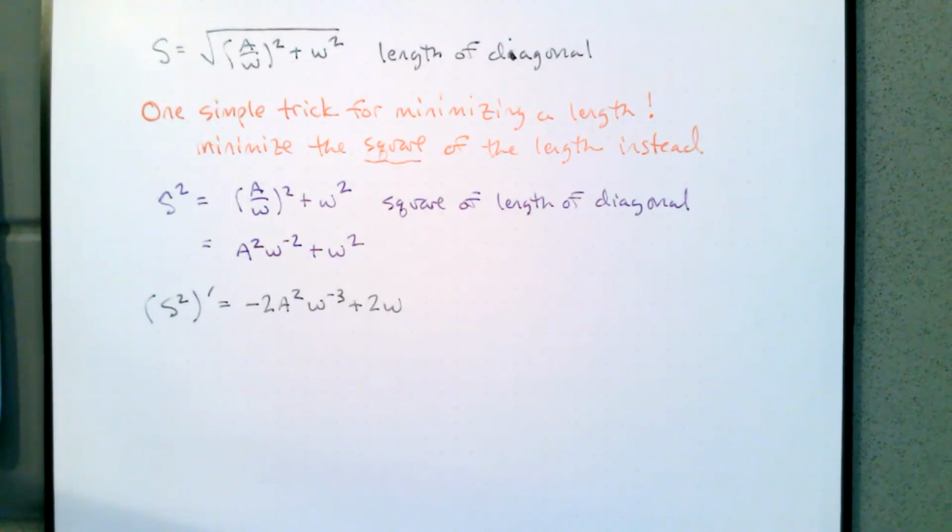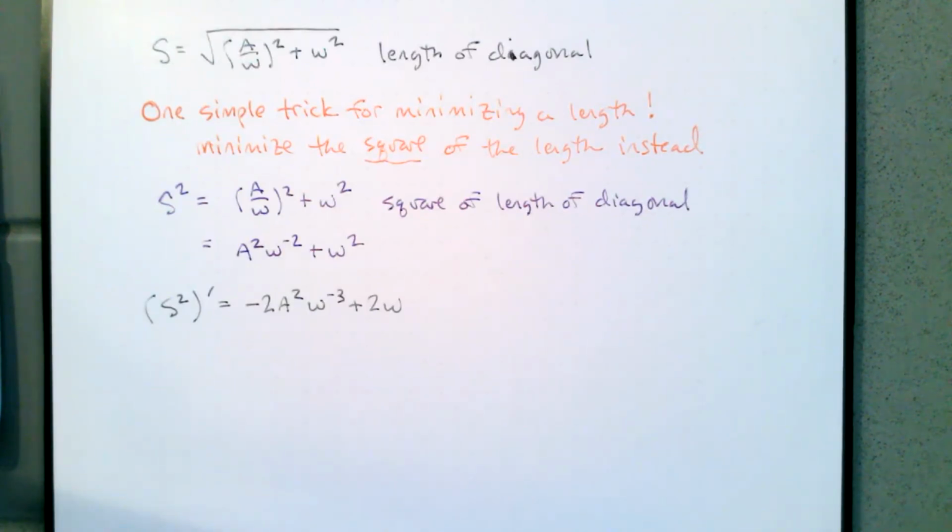Any questions? So setting the derivative of s squared equal to 0 and solving is exactly what we did in the previous problem anyway. So this is kind of a common trick.